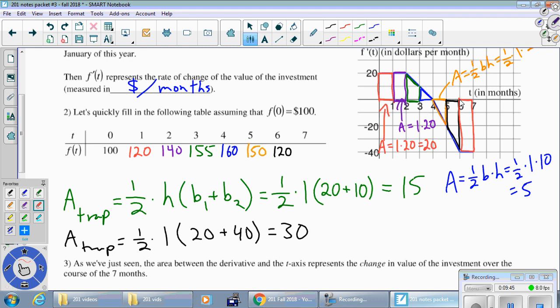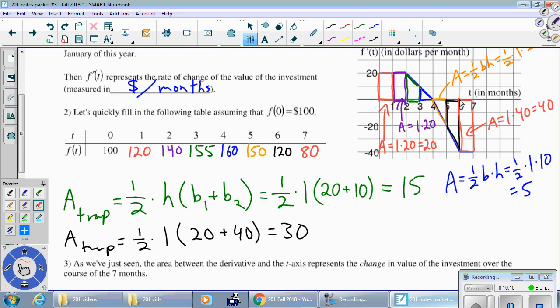So if you lose at a rate of $40 per month for an entire month, then you have lost $40. But of course, that's the area of that rectangle. 1 times 40, or 40, but it's below, and so we lost. So we went from 120, lost 40. Now we're at 80 bucks, actually less than we started with at the start of the year. I thought the stock market only went up.